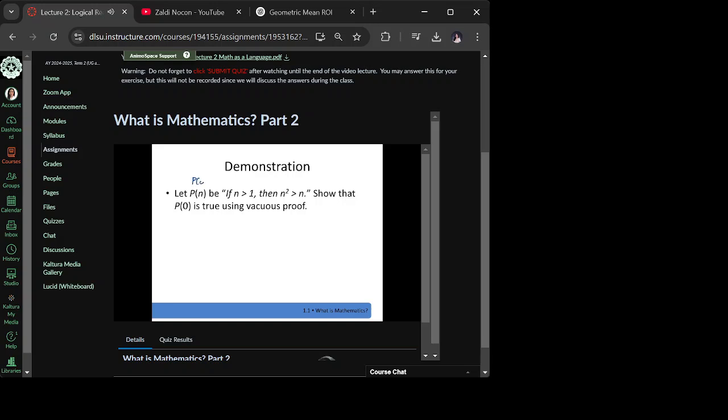P of 0 is the implication if 0 is greater than 1, then 0 squared is greater than 0. 0 greater than 1 is P. 0 squared greater than 0 is Q. Since P, which is 0 is greater than 1, is false, the whole implication P of 0 is true by vacuous proof. And we're done.